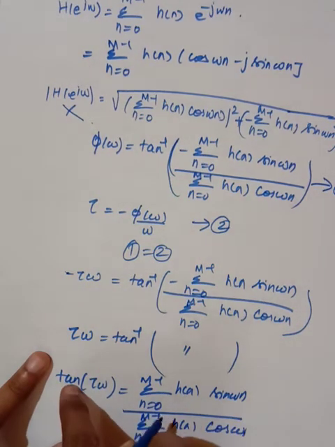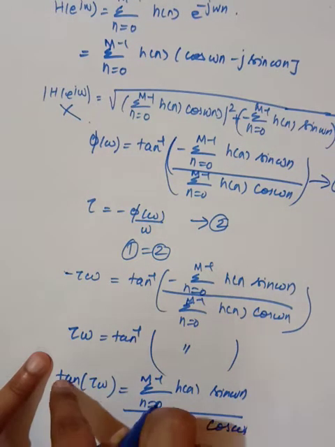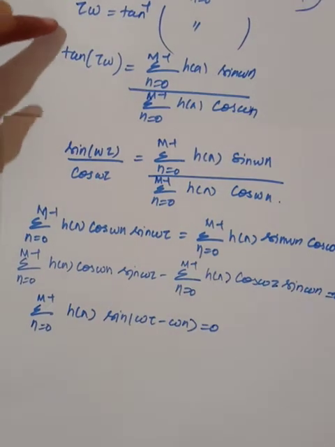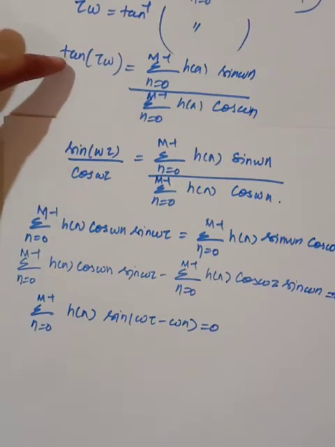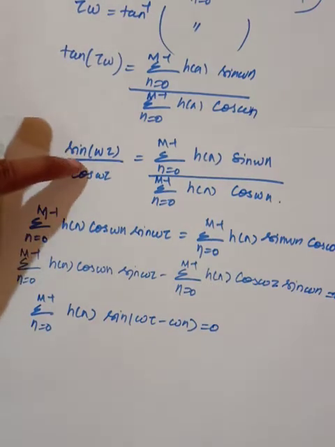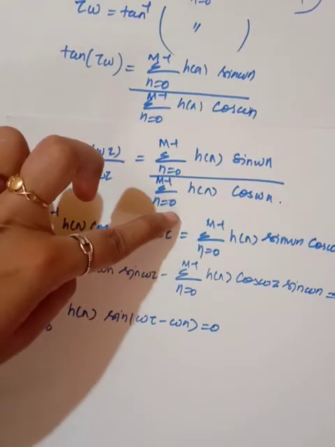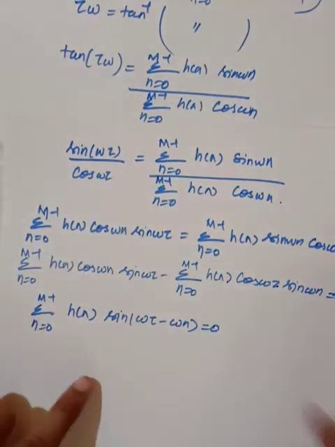Now we know that tan theta is equal to sin theta by cos theta. So I have sin omega tau by cos omega tau equal to the same expression, and I cross multiply it.